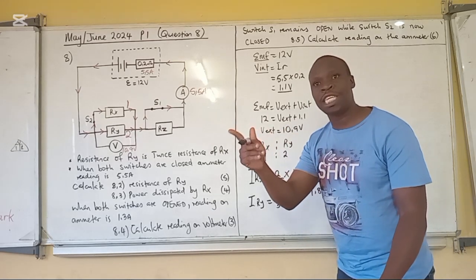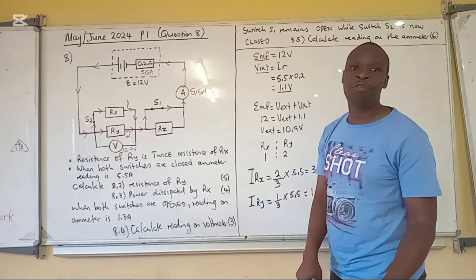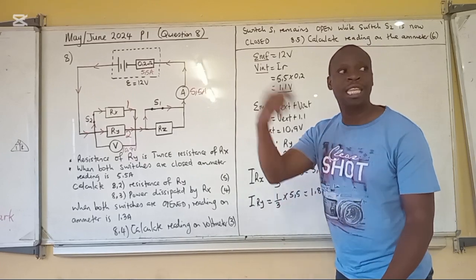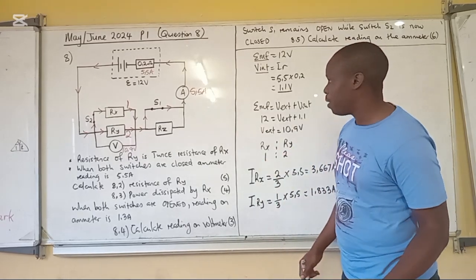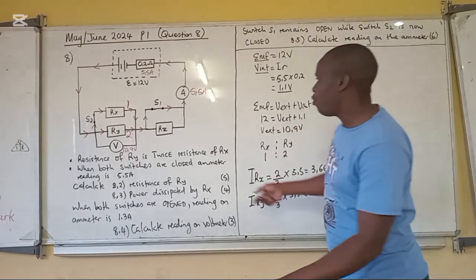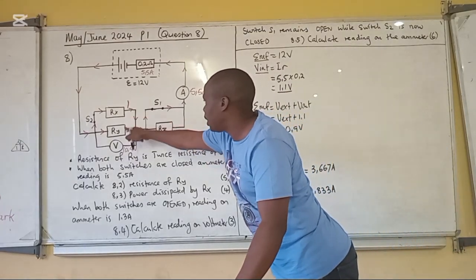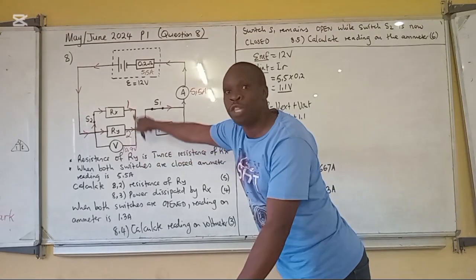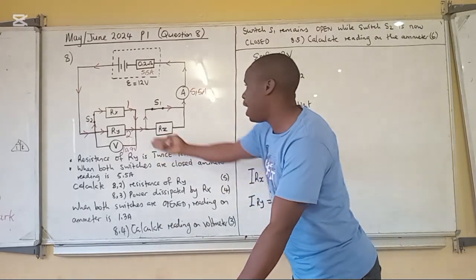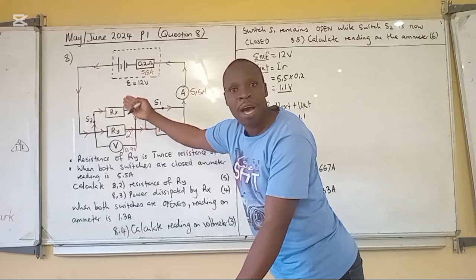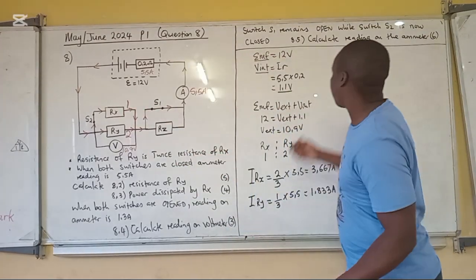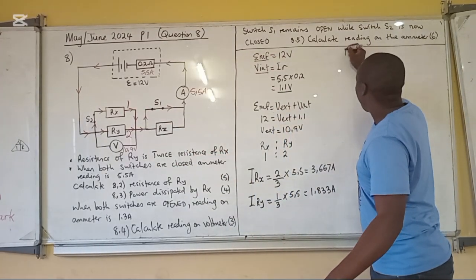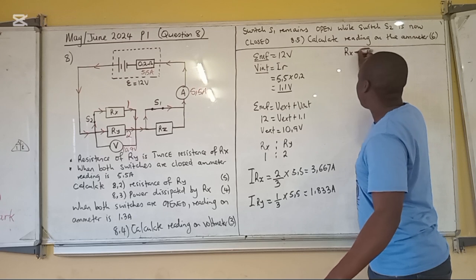The higher the resistance, the lower the current; the lower the resistance, the higher the current. So we now have the current flowing through Rx and Ry, and we also have the voltage across the two resistors. So we can now calculate the resistances of Rx and Ry. I'll move on to calculating Rx.